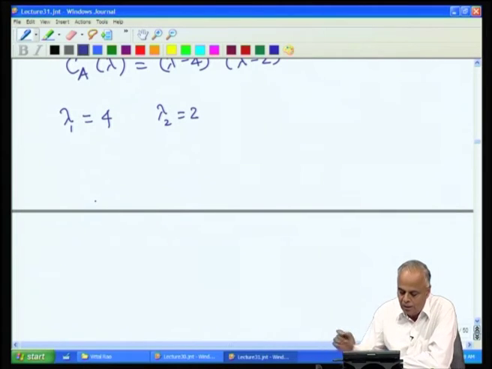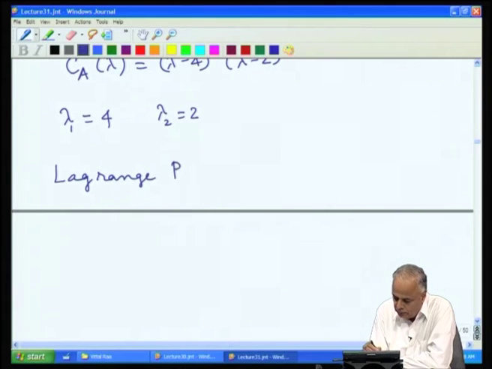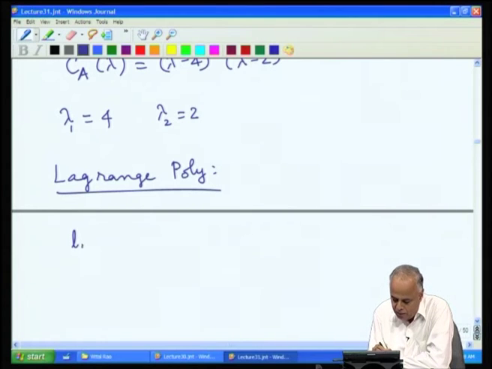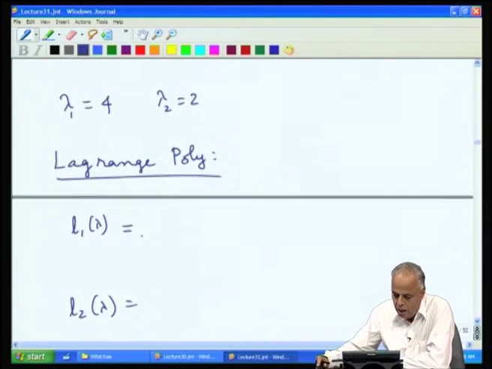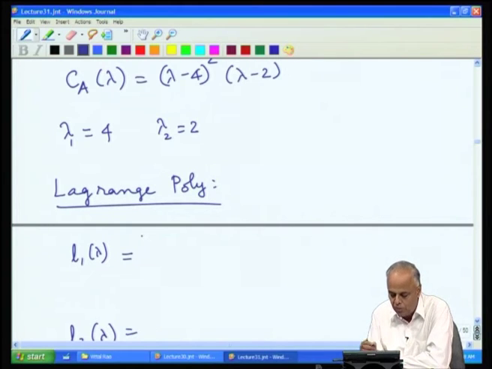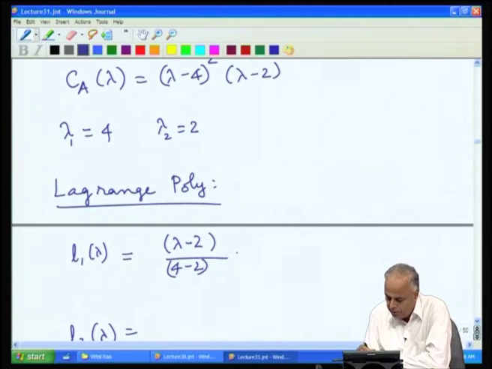So, now the construction of the Lagrange polynomials is much easier. Since there are two distinct eigenvalues, there are going to be two Lagrange interpolation polynomials. How do I get the first one? Out of the two, I have to remove one of them. So, I get lambda minus 2, I should not take the first eigenvalue, I should take the second one, divided by, in the denominator you replace lambda by the first eigenvalue, which is lambda minus 2 by 2.